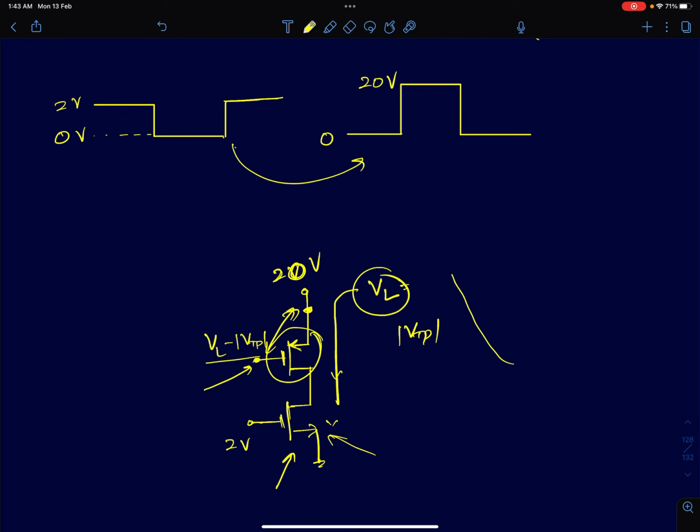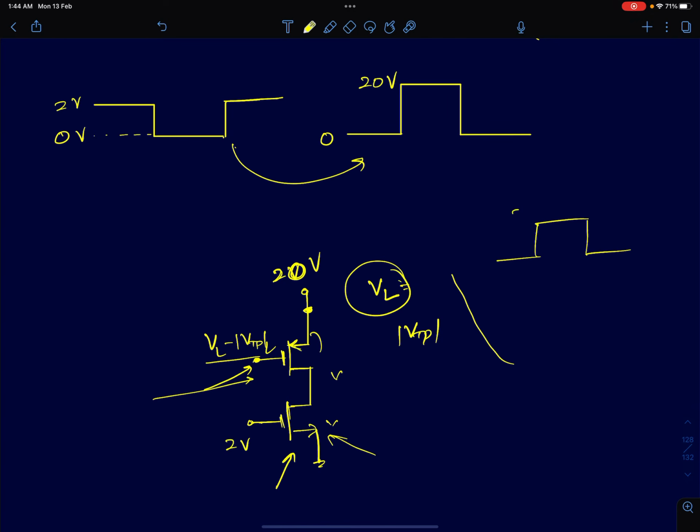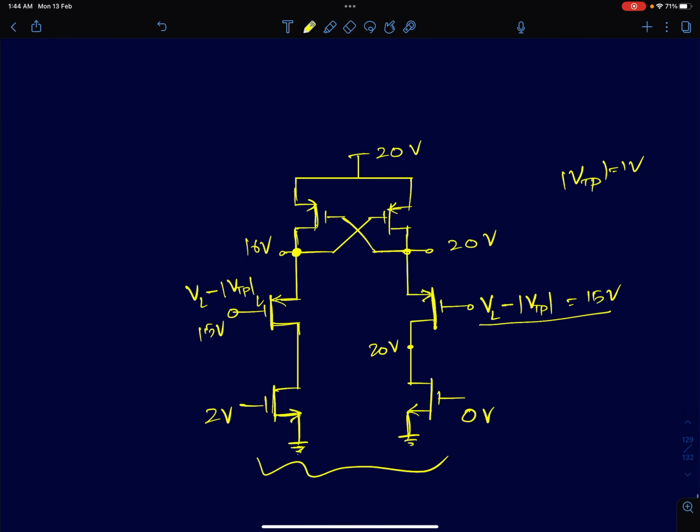So you're cutting off the discharge path. By adding this PMOS, all I'm doing is cutting off the discharge path when the node voltage reaches a value of VL. So instead of reaching 0 volts, 20 to 0, it will stop at VL volts. So that's all this circuit is doing. It's just restricting the VL voltage, the lower voltage.